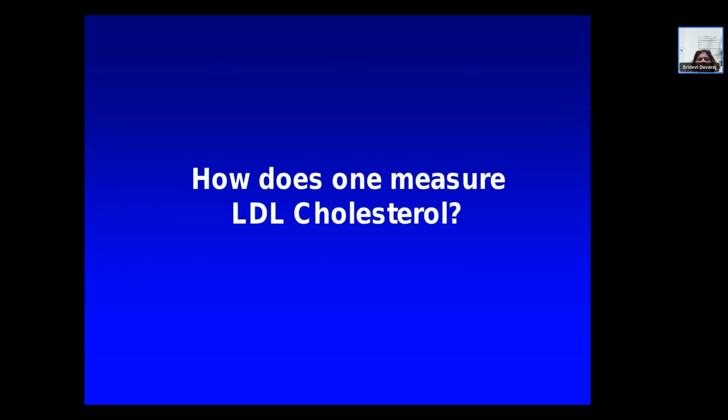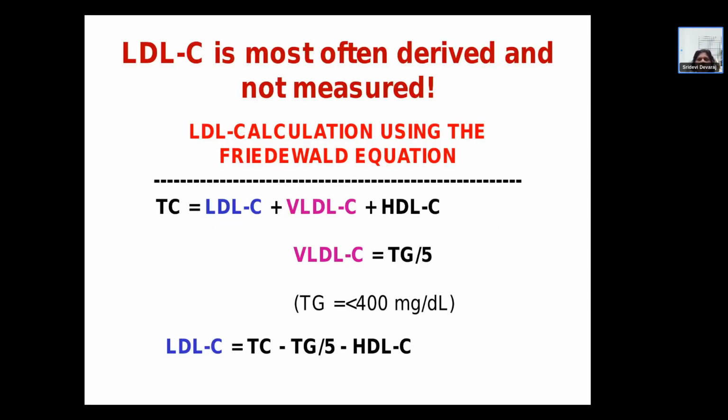But how does one actually measure LDL cholesterol? Most often in a lipid profile, the LDL is calculated. You measure total cholesterol, you measure HDL cholesterol, and you derive the VLDL cholesterol, which is your triglycerides divided by 5.